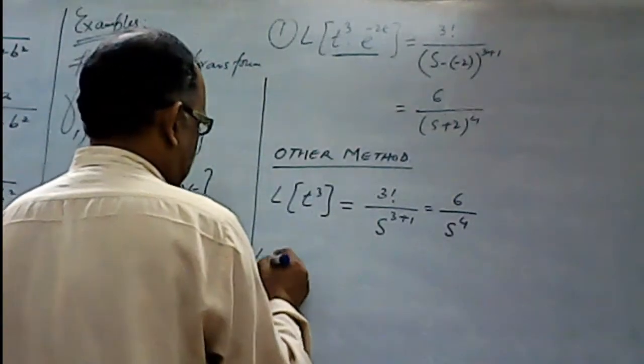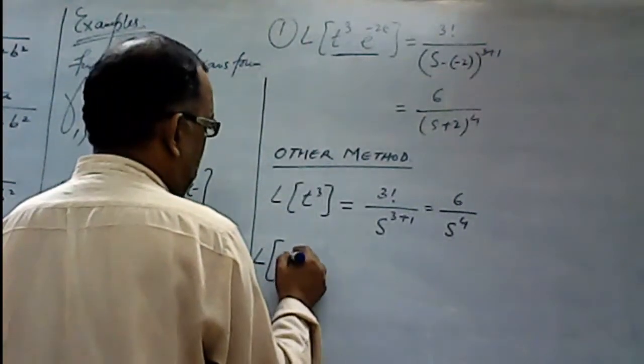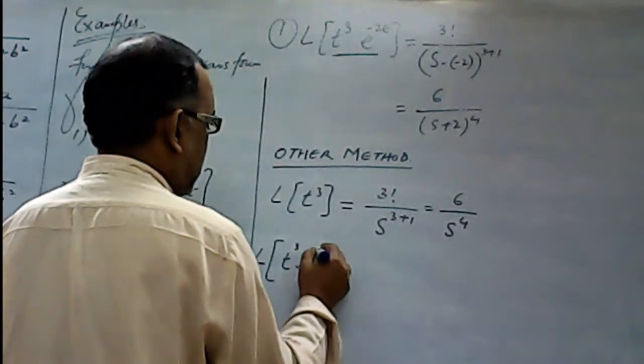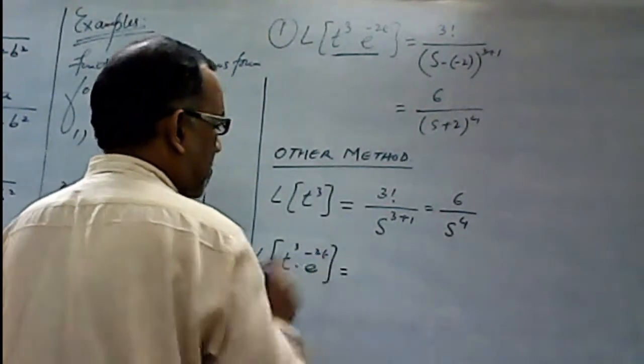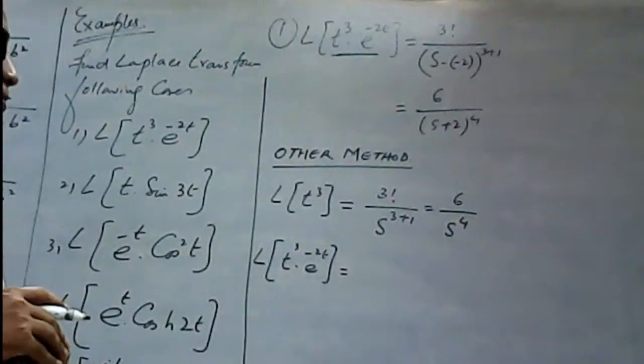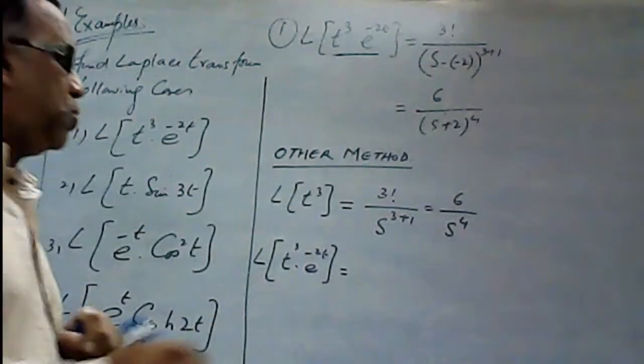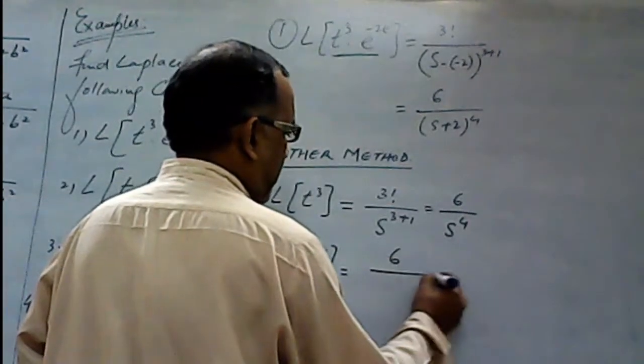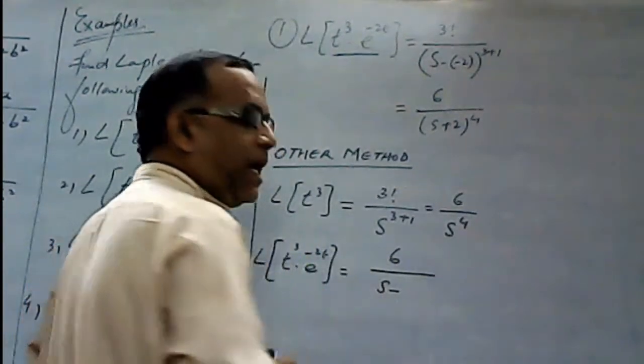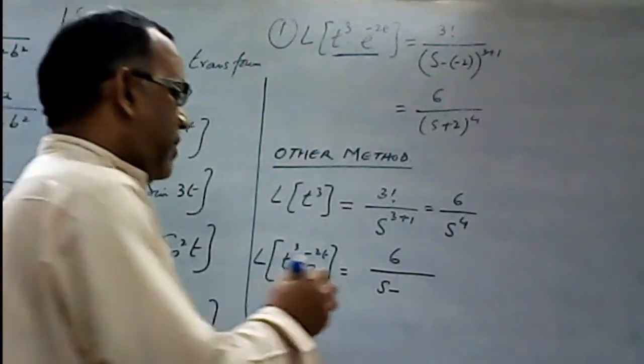Then write the exponential, and from the exponential pick the value of a. Here a is minus 2, and subtract that value of a from s.